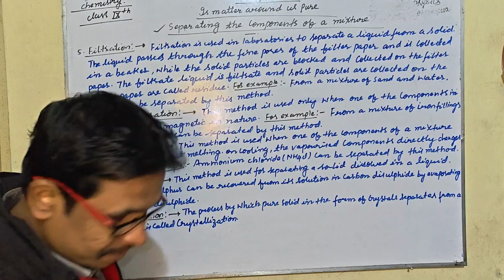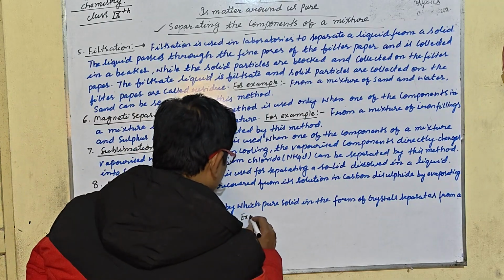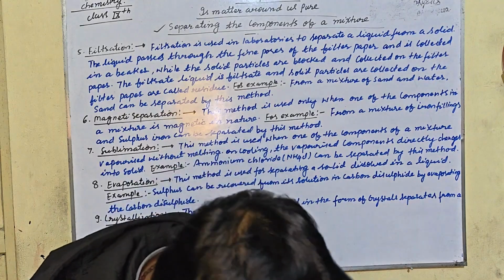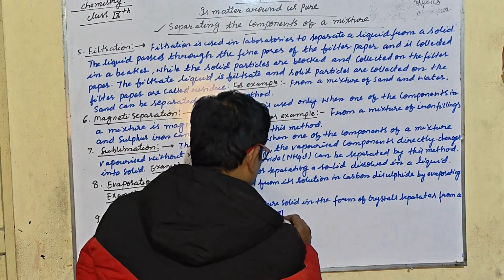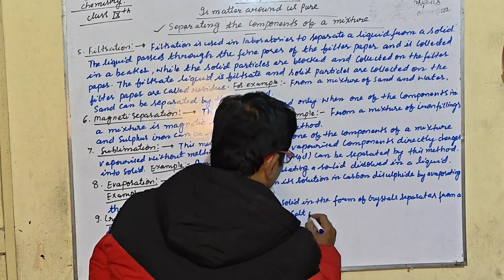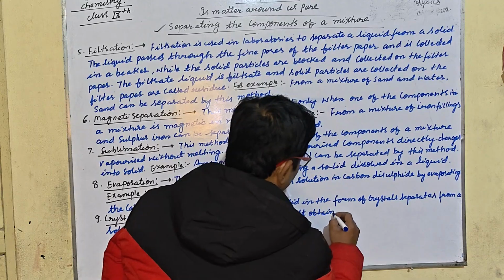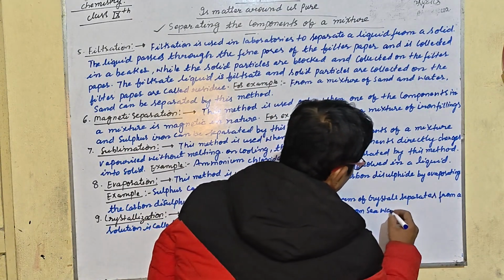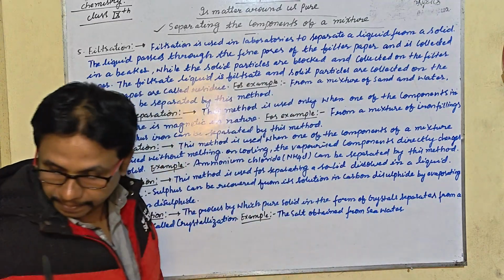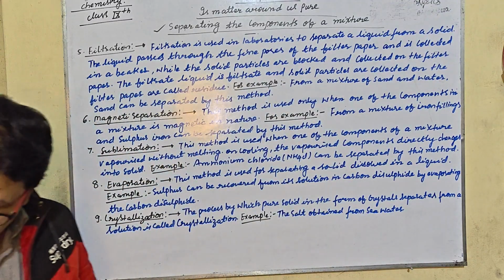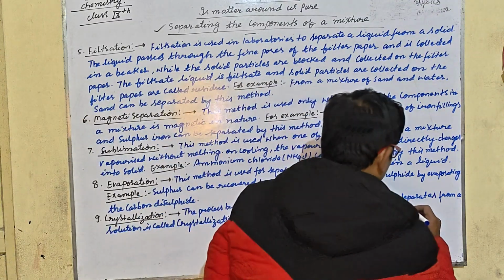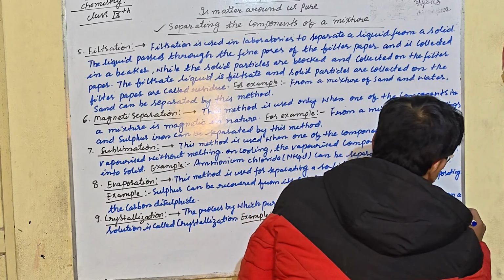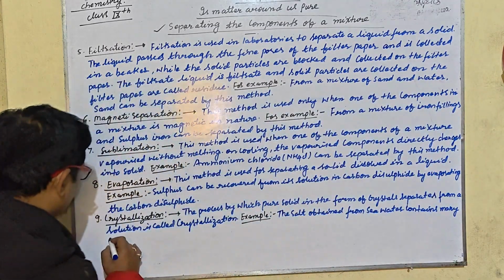Example, the salt obtained from seawater contains many impurities.